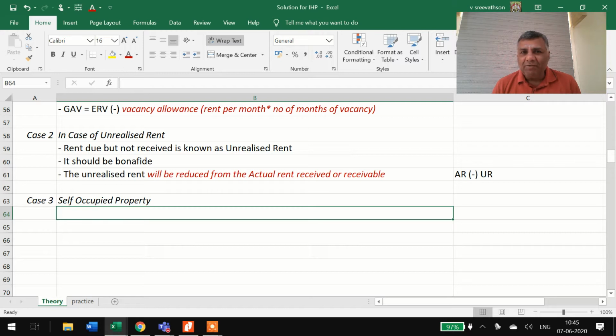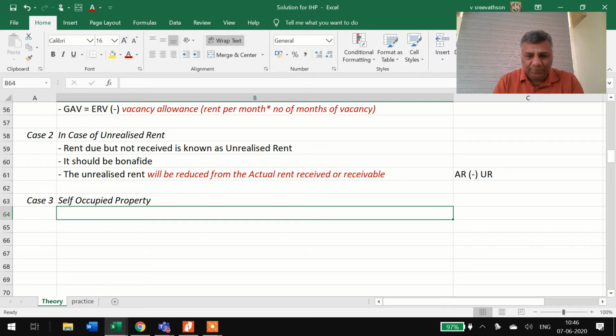Suppose I have a house in Chennai and my office transfers me to Bangalore or Mumbai. I don't let out my house, I lock it, because anytime I can come back and stay. So I don't want to let out, I lock it. That is also known as self-occupied.